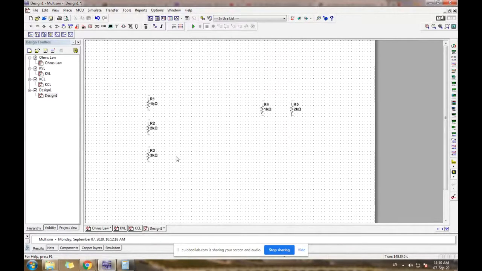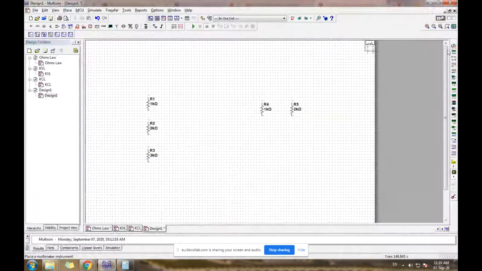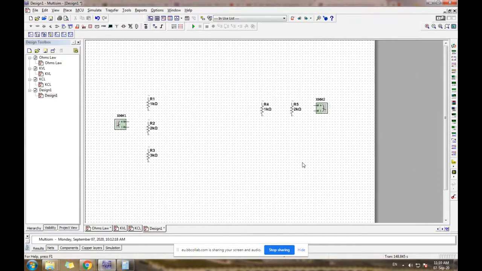As you can see in the lab manual, we have to use two multimeters. One is here and one is here. For the resistor, the multimeter is here, and another one is here or here, it is the same, no problem, parallel. Now you have to rotate this and flip horizontally, then this also like this.